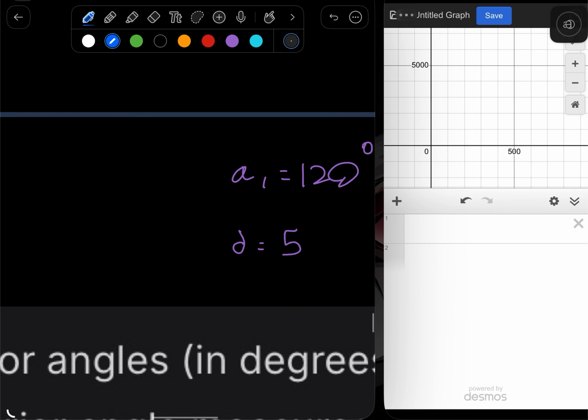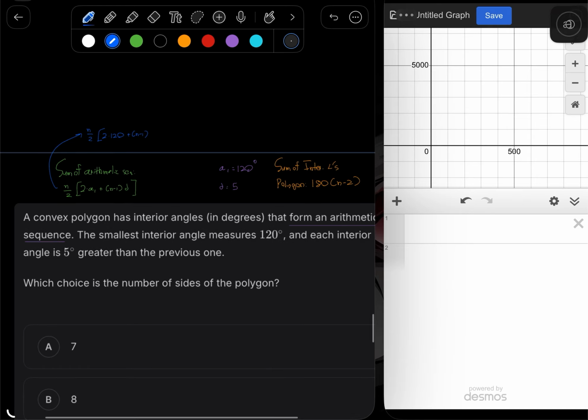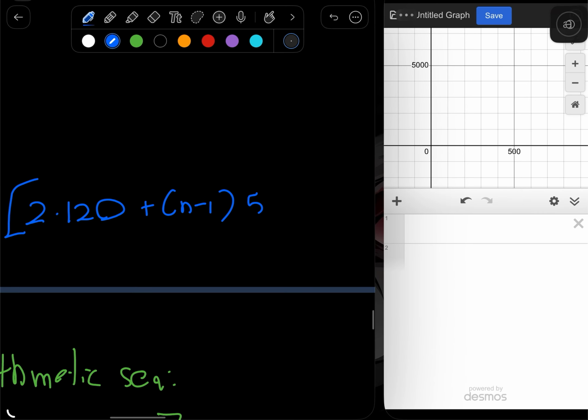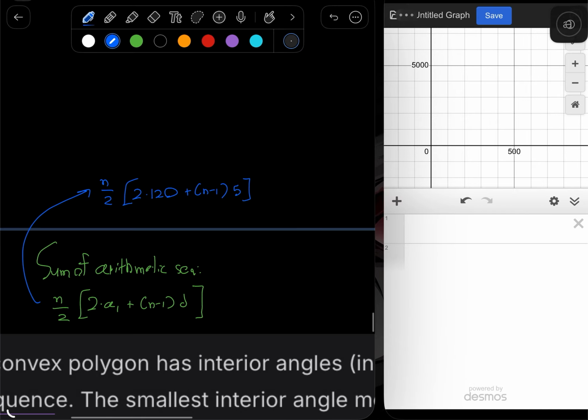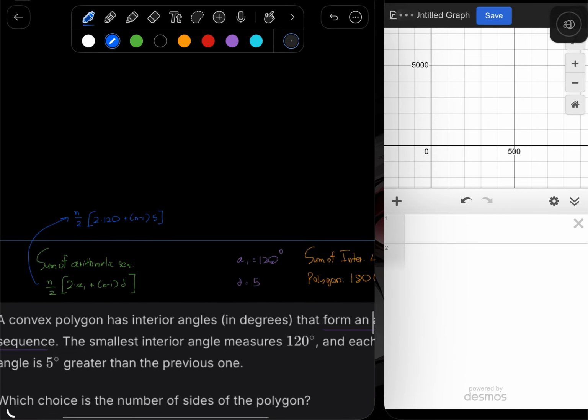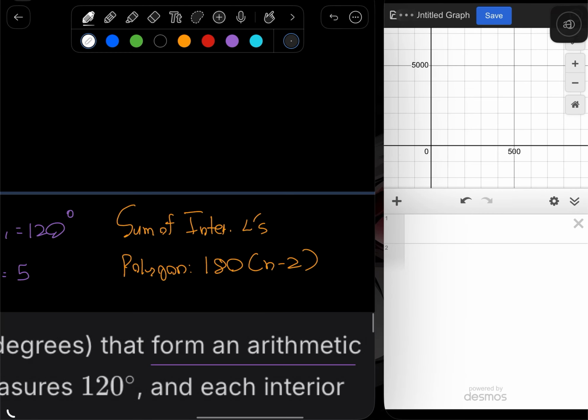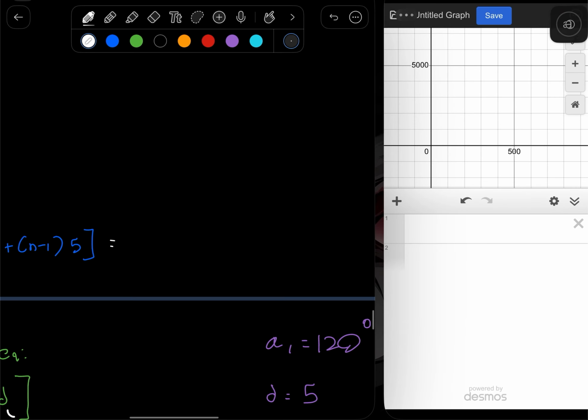In this case, our common difference is 5, because each one is 5 greater. It changes by 5 every time. So you do 5 there, and that's our formula, and we're setting this equal to the sum of the interior angles in general, which is 180 times n minus 2.